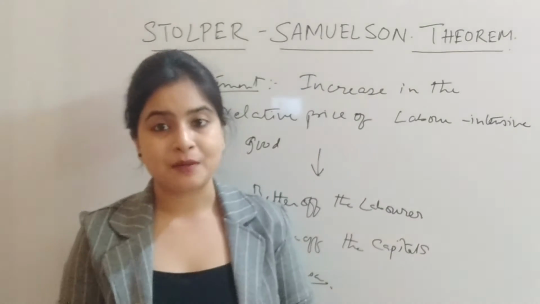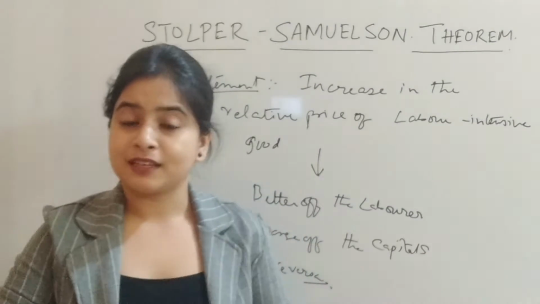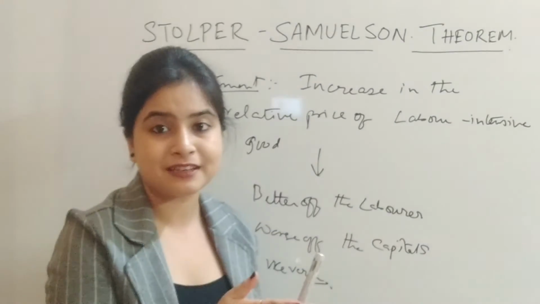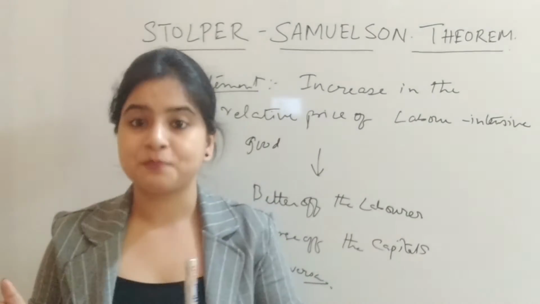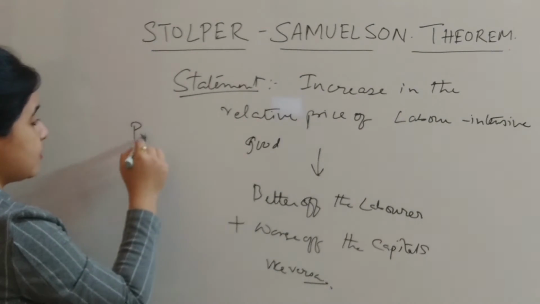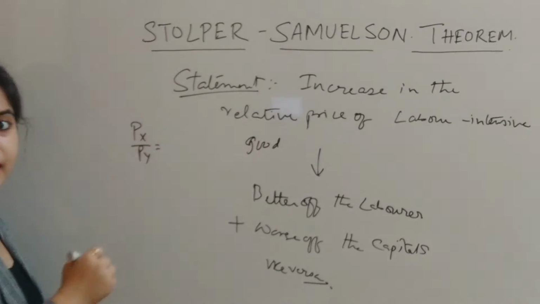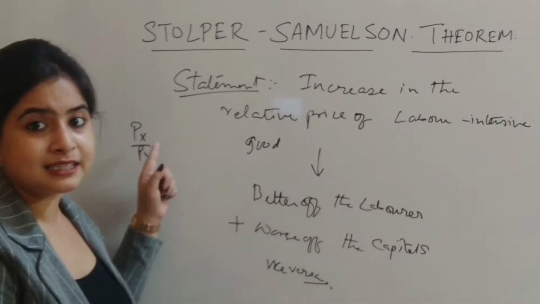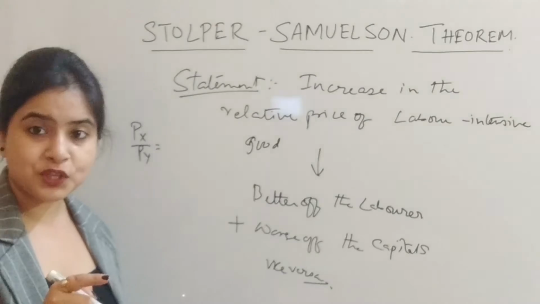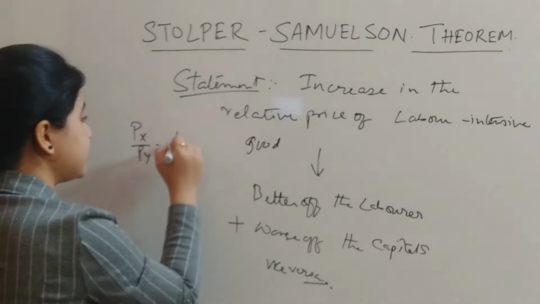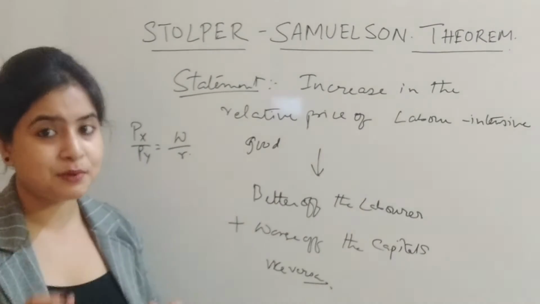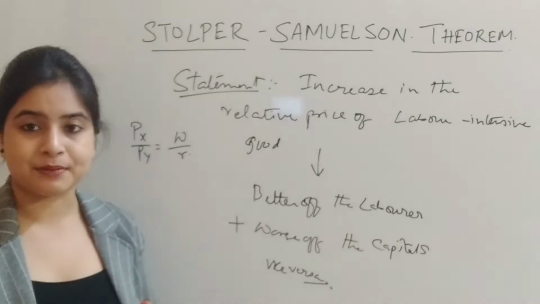Also, the Stolper-Samuelson theorem is used in order to prove the relationship between the commodity price ratio and the factor price ratio. What is that? The commodity price ratio, let's say we have Px by Py, and if X is labor intensive and Y is capital intensive, then the ratio of the factor price will be W by R, provided that X is labor intensive and Y is capital intensive.